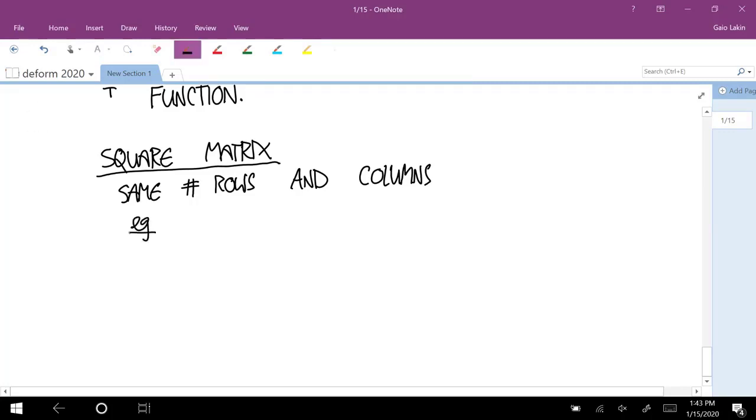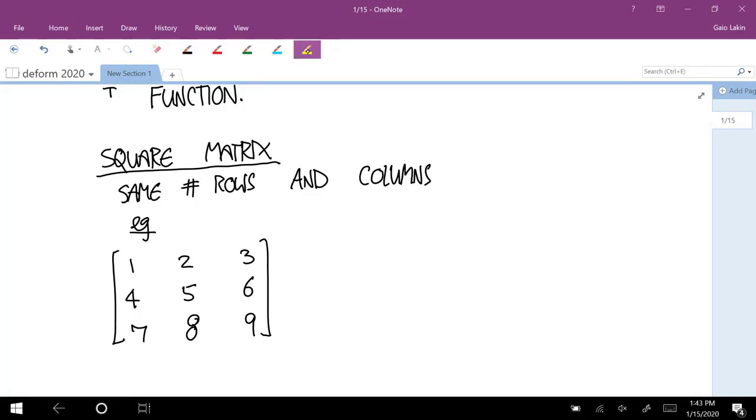So for example, this is a square matrix: 1, 2, 3, 4, 5, 6, 7, 8, 9. And like I did before, we can make a big deal out of that set of diagonal values.